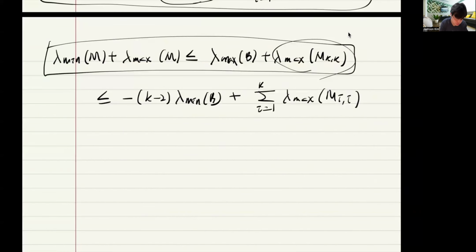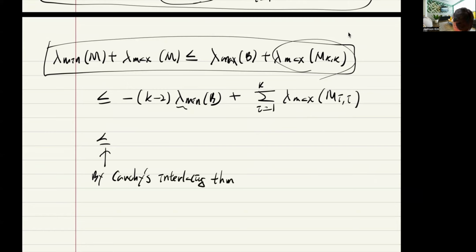But what do you know? By the Cauchy interlacing theorem, this lambda min is at least lambda min of A. So you can replace it with the lambda min of A plus this summation.